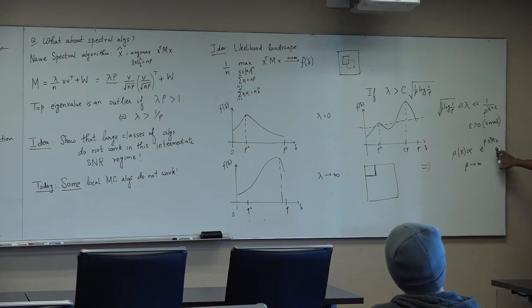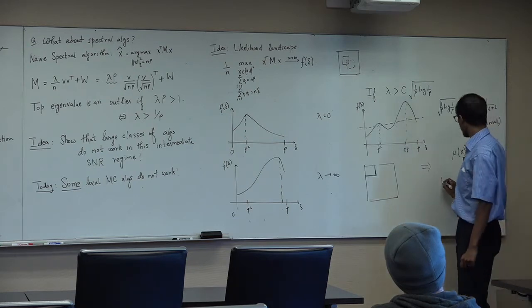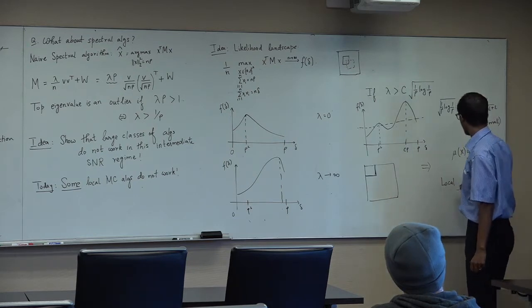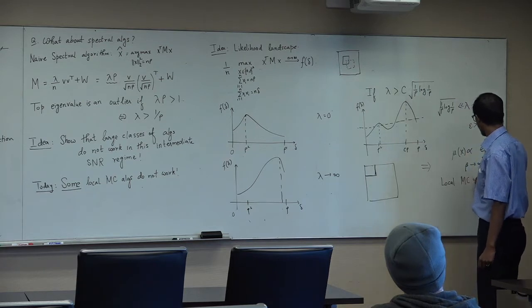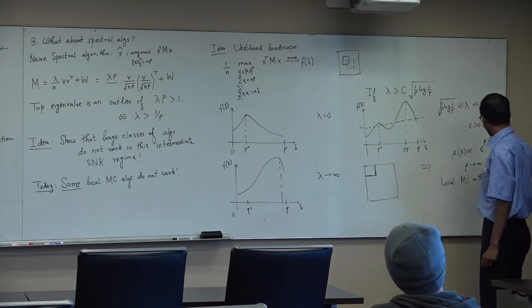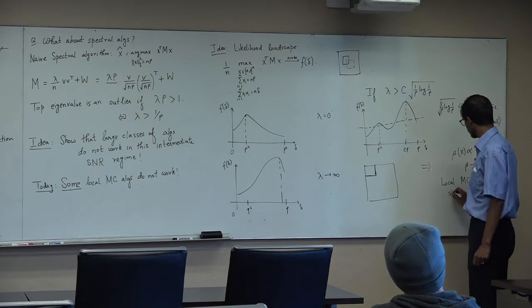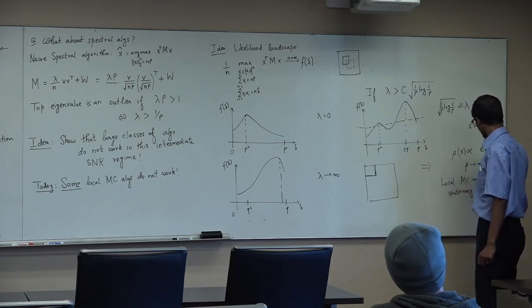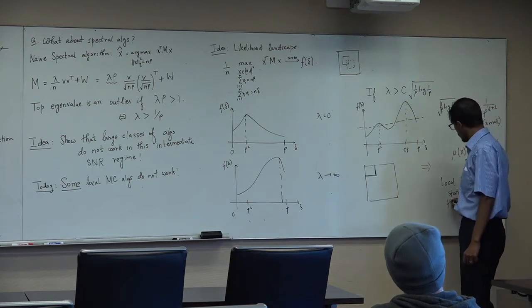This is a distribution that tries to sample from those submatrices that have very large values of the likelihood. And if I do a local Markov chain with mu as stationary distribution, then these Markov chains are stuck.